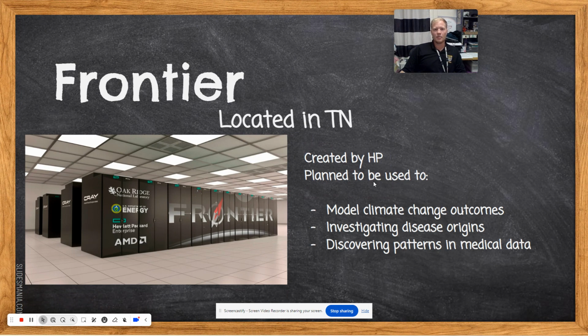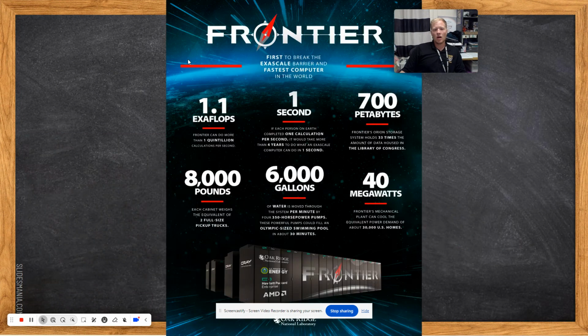So it is used to kind of keep an eye and track a lot of things like that in a lot of simulations. So one cool thing, it can do 1 quintillion calculations per second. I don't even know how to do that. So if each person on Earth completed one calculation in a second, it would take more than 4 years to do what Frontier can do in 1 second.